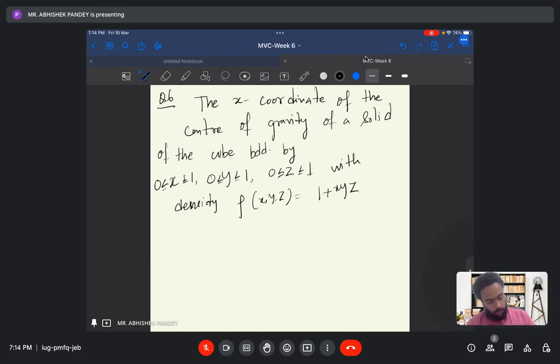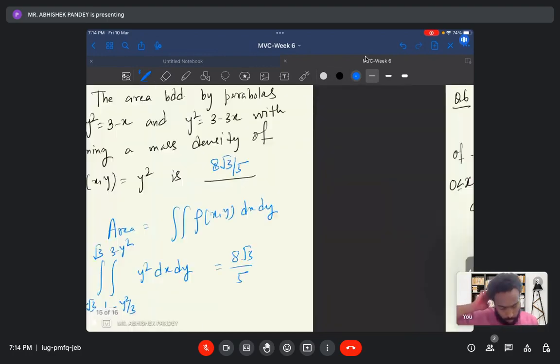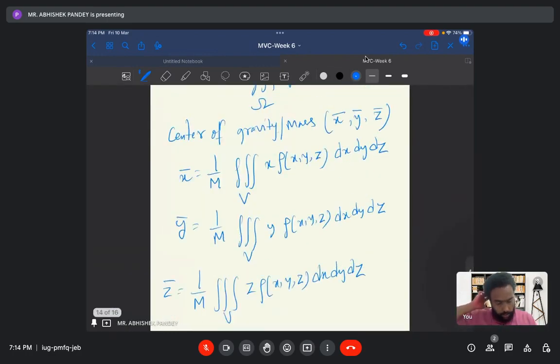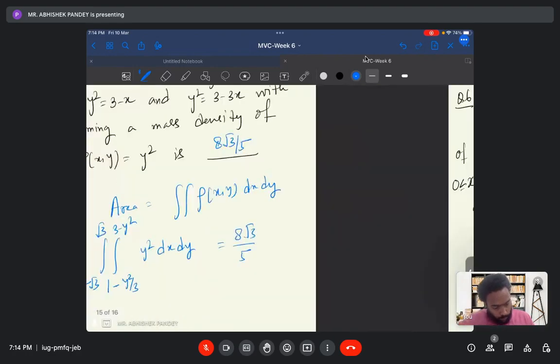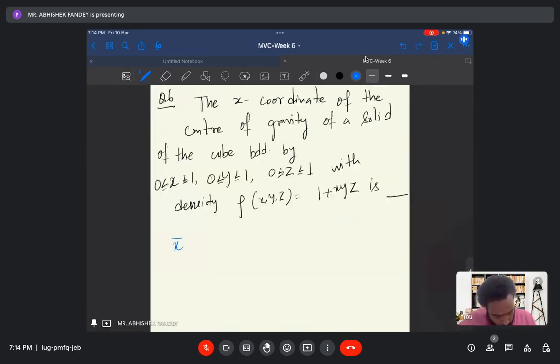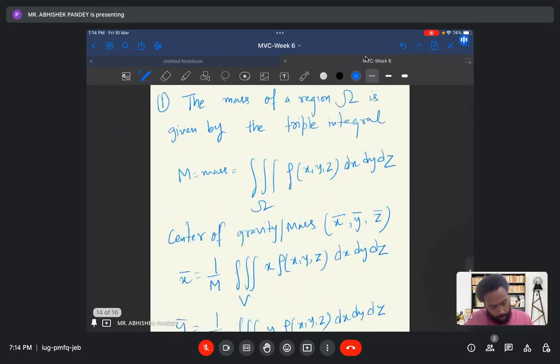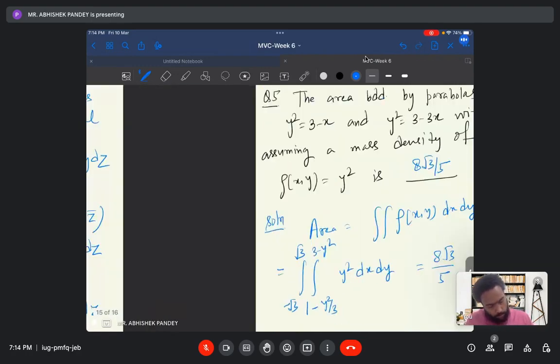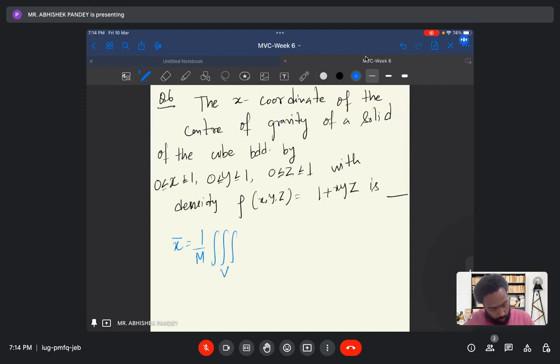Okay, so we need to find the x coordinate. I've written the formula for this one. The x coordinate will be 1 by m, the triple integral over V of x times rho of x y z, which is 1 plus x y z, dx dy dz.